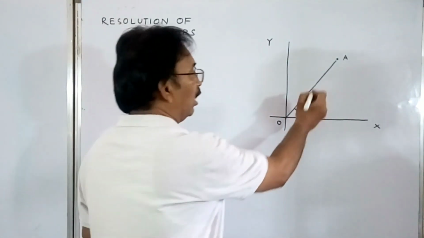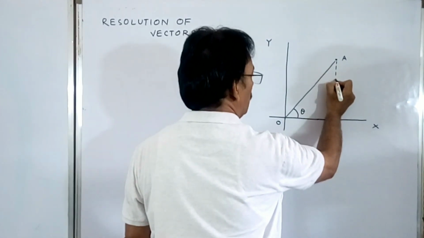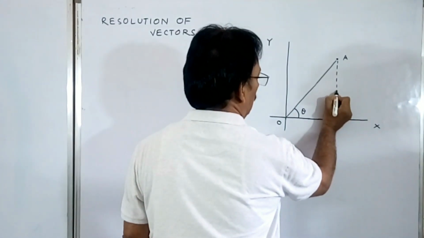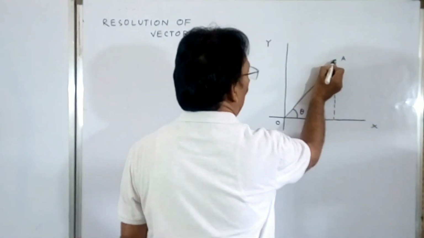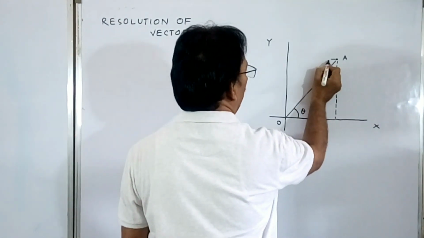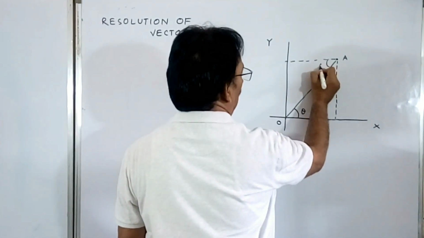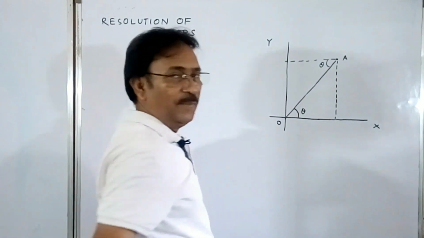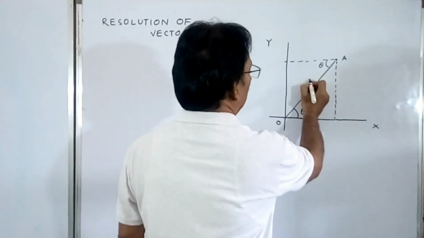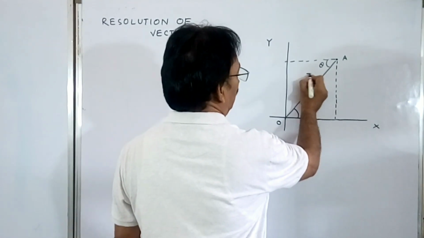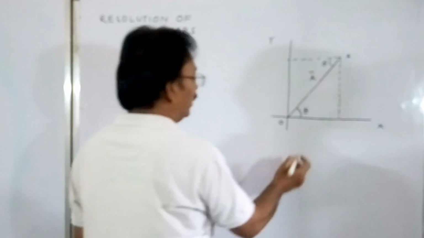Now I am dropping a normal from A to the x-axis, and also a normal from A to the y-axis. Let this vector be vector A. If you watch this carefully, you will find a triangle.